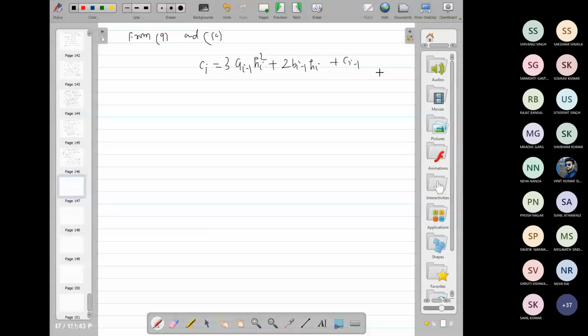Now substituting the value, here you see all values are known. ci is known, ai minus 1 is known, bi minus 1 is known, ci minus 1 is known.